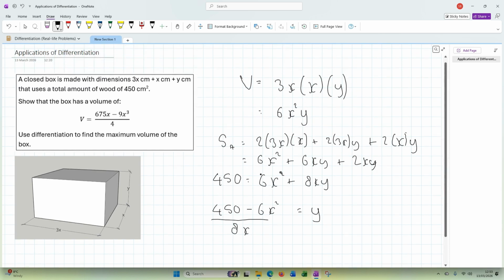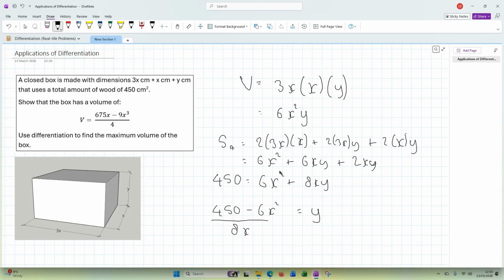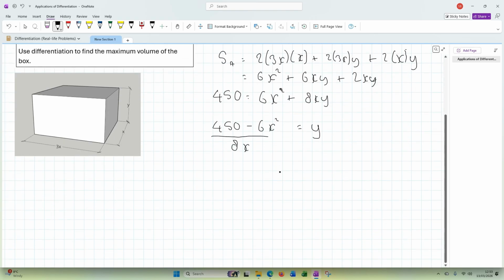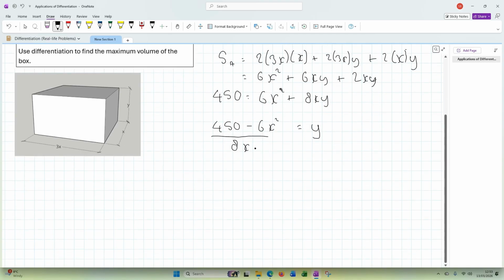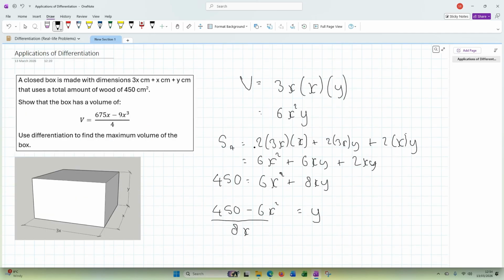Okay, so now we substitute y into the formula for the volume. Remember, the volume is 6x squared times y. Oh, forgive me, it's 3x squared, not 6.